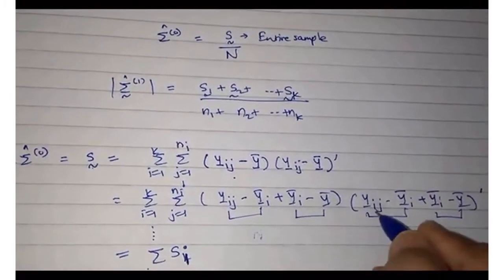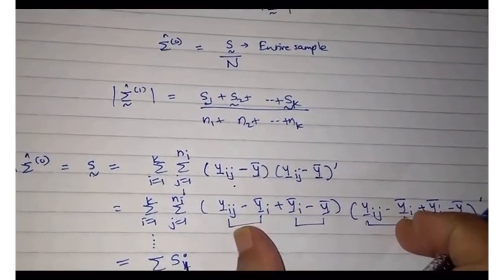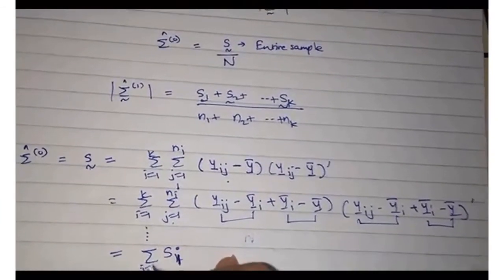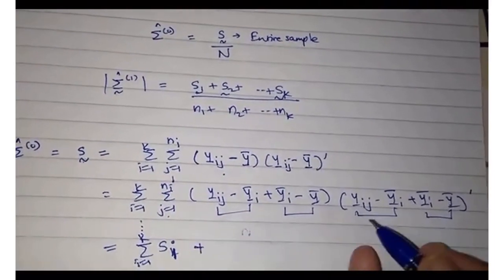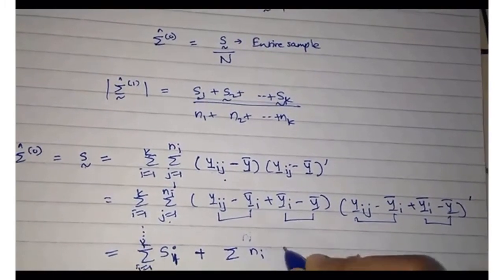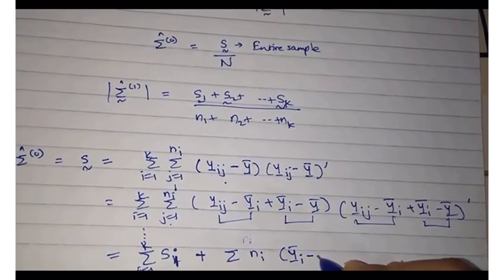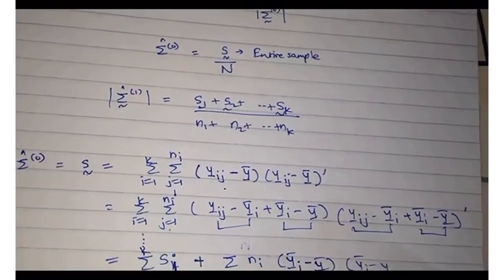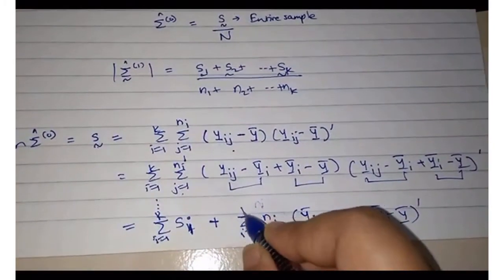Yij minus Yi bar into Yij minus Yi bar prime is nothing but the CSSP matrix for the ith population when you take the sum over j. So this is summation Si, i going from 1 to k, plus from the other terms summation Ni (Yi bar minus the overall mean Y bar)(Yi bar minus Y bar) prime, i going from 1 to k.